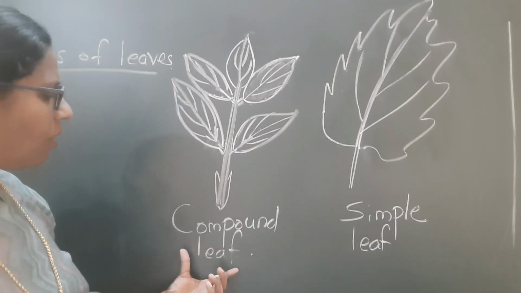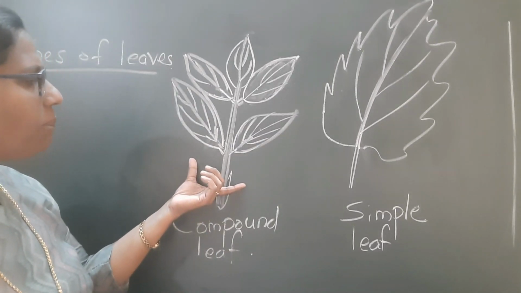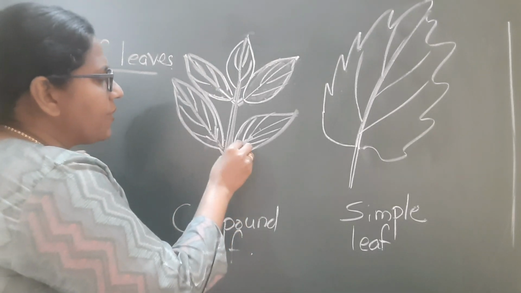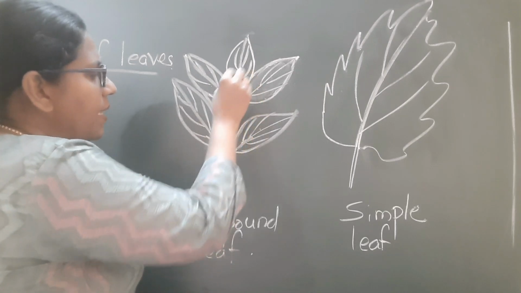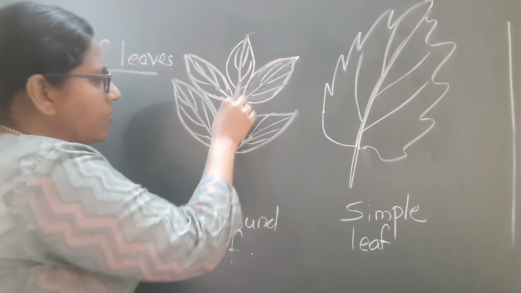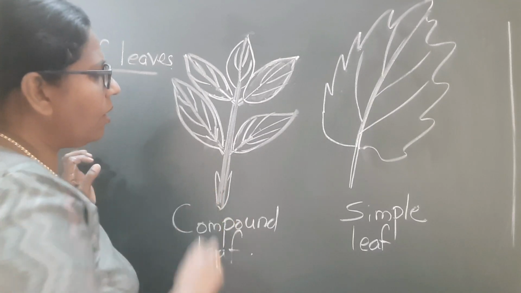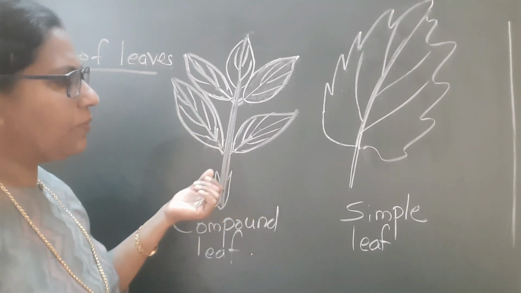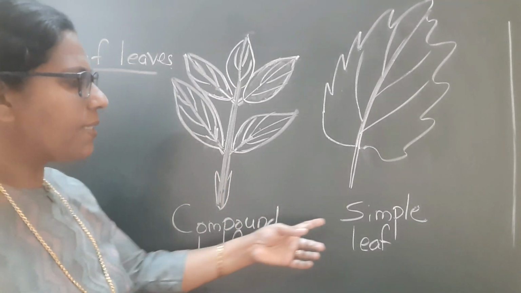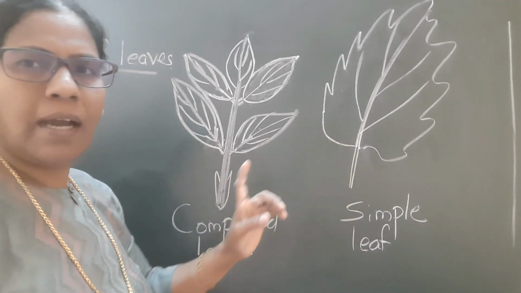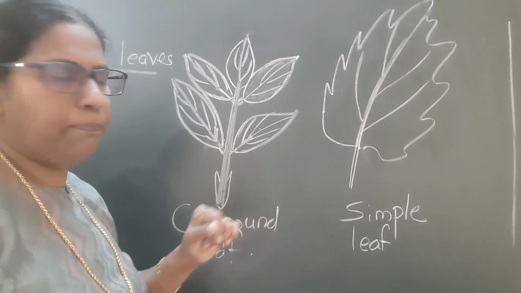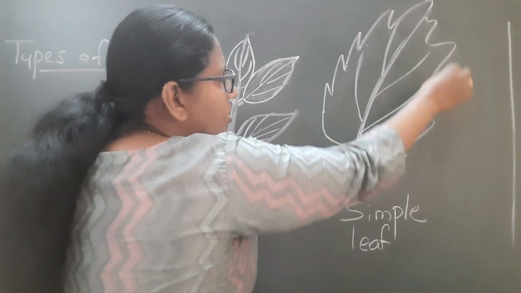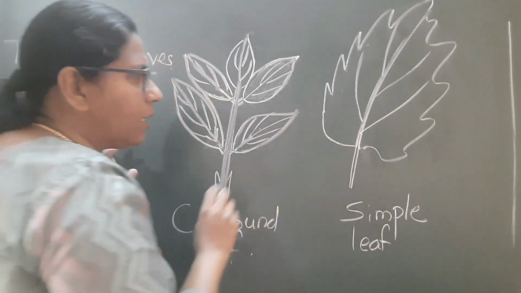Next one is compound leaf. In compound leaves, the lamina of the leaf is divided into small segments, which are attached to the midrib or petiole. That is the difference between simple leaf and compound leaf. In a simple leaf, the lamina is undivided and in a single piece, and the margin incisions are not touched to the midrib.